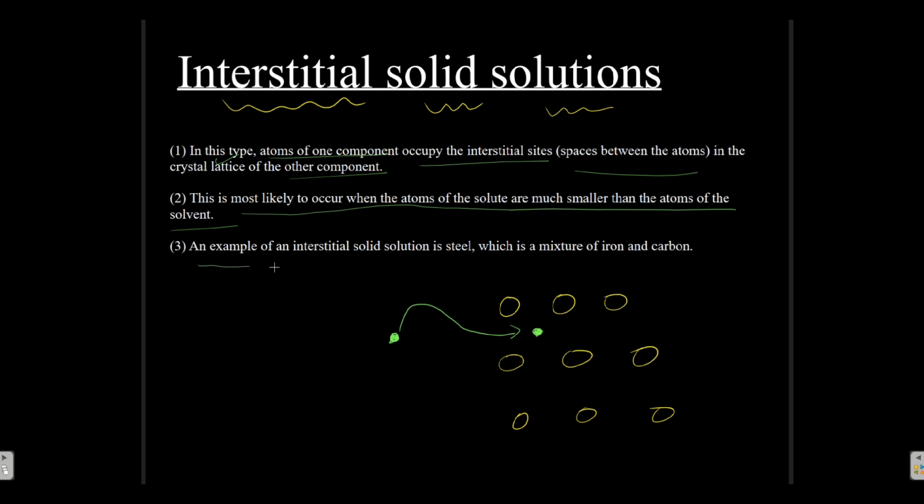And an example of an interstitial solid solution is steel, which is a mixture of iron and carbon. Iron is larger in size, carbon is smaller in size. So when carbon is mixed with iron at a certain temperature, the carbon atom will go and take the interstitial position, forming steel. Steel is homogeneous, right? But it is actually a mixture of two components, so we call it a solution. What type of solution? Interstitial solid solution.